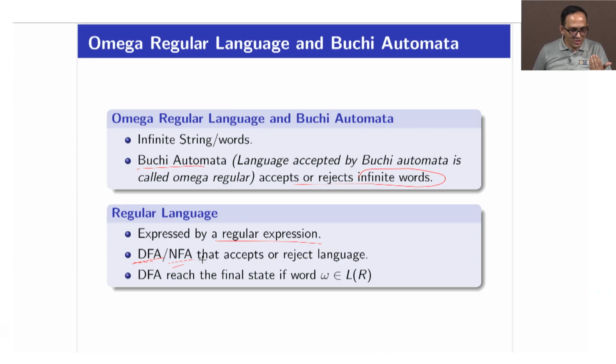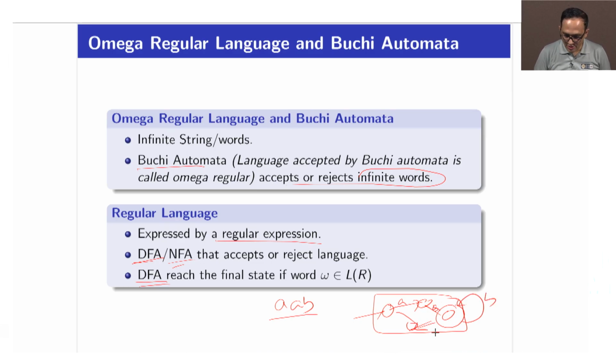What usually happens here is that you give a finite word, let us say A, B, and you have a transition system which has some states and transitions, some initial state and some final states, with transitions labeled with symbols.